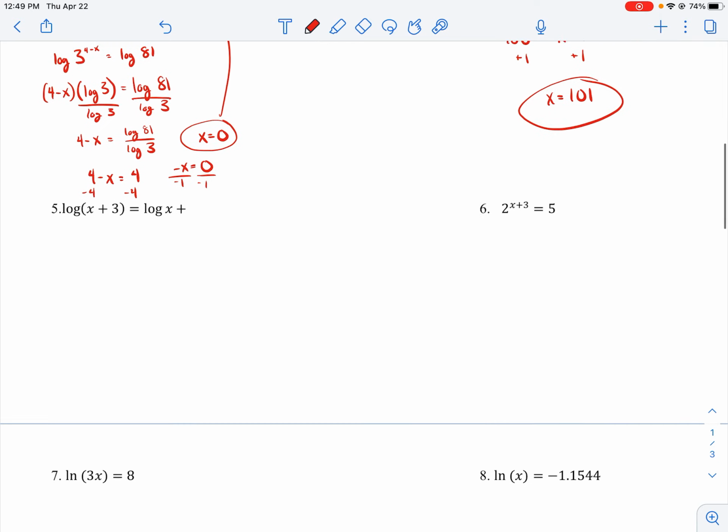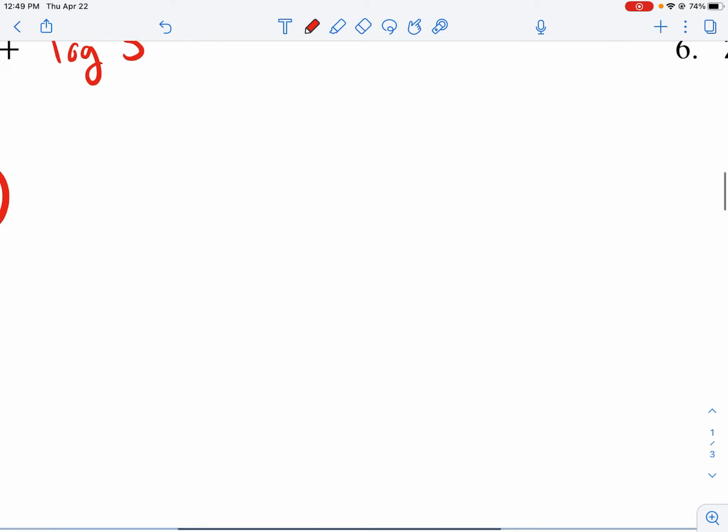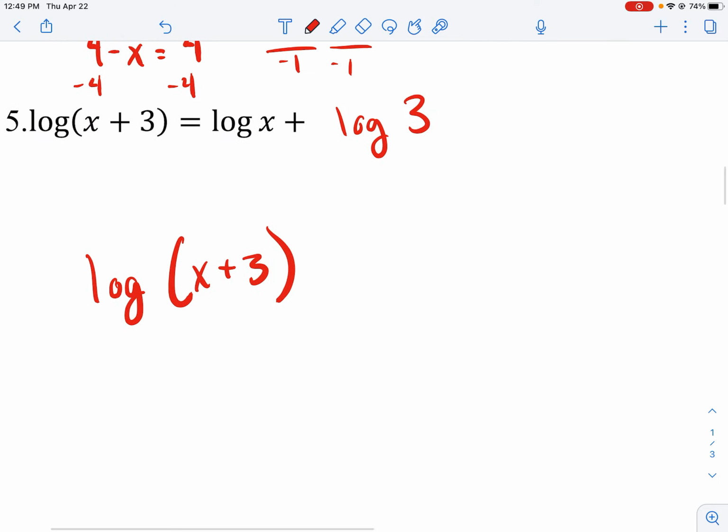Let's go down to number 5. Number 5 got cut off, so let me put this one in there. So if you didn't get to this one yet, there is what I was supposed to say. Before we do anything, I got to combine these guys over here on the right. Because we're adding, it's going to be multiplication, so log of 3x.